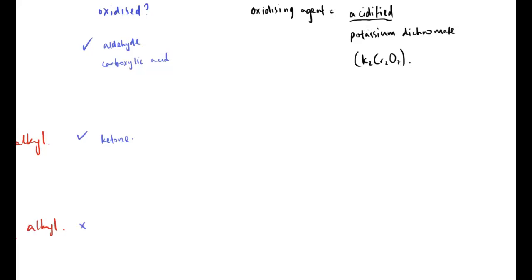So acidified potassium dichromate is the oxidizing agent, and when oxidation takes place it goes from orange to green. That is the colour change.